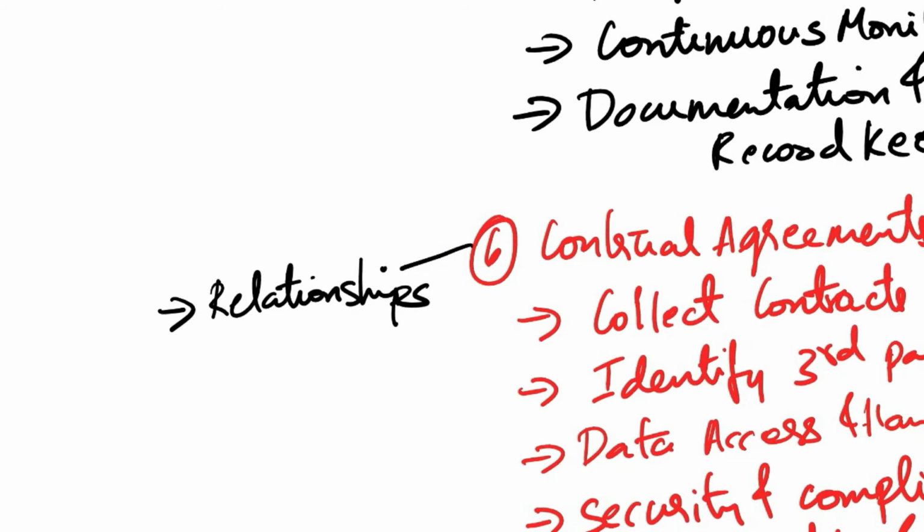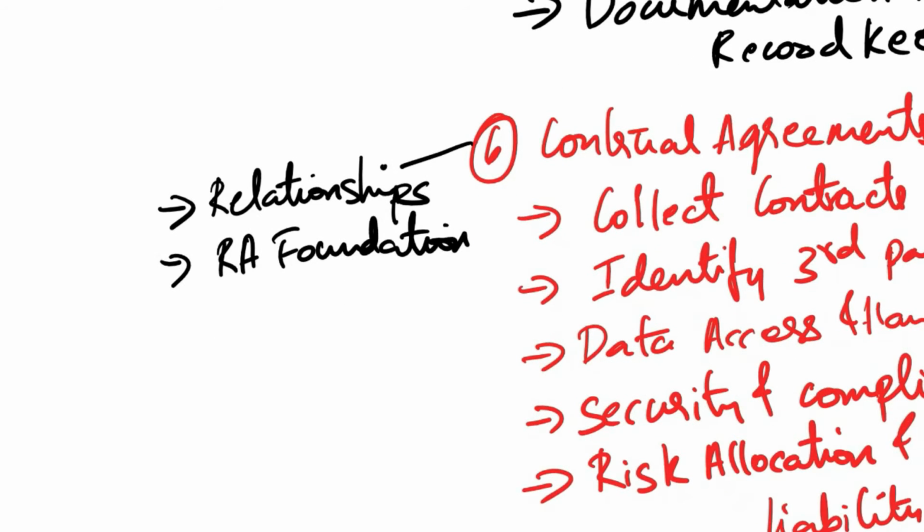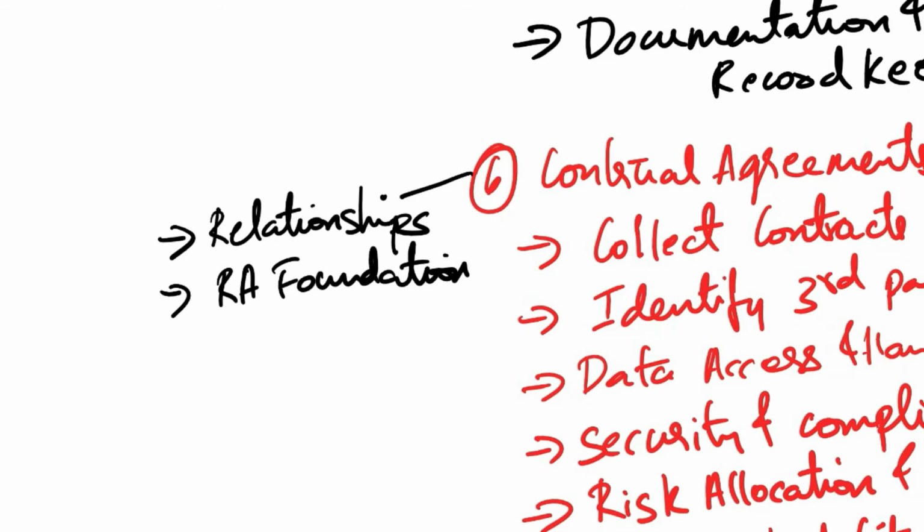It helps create a clear picture of the scope of third-party engagements. Next, risk assessment foundation. Contractual agreements often outline the terms related to data handling, security measures, and compliance. By reviewing these contracts, you lay the foundation for the subsequent risk assessment of each identified third party.